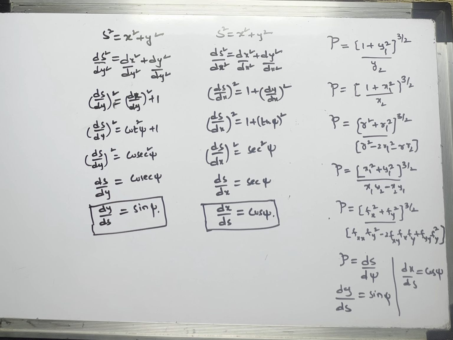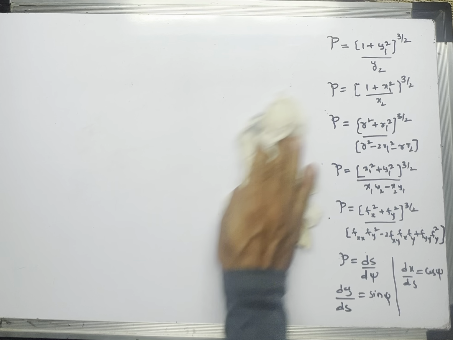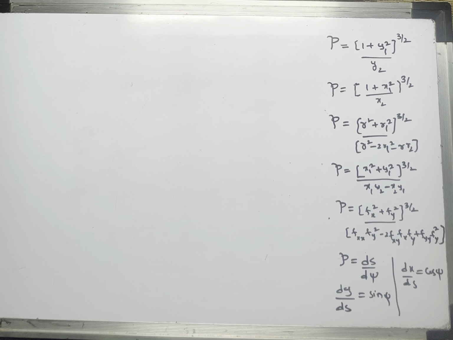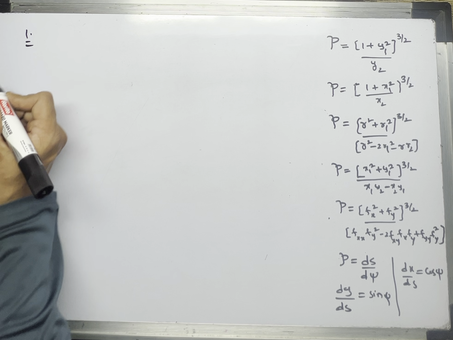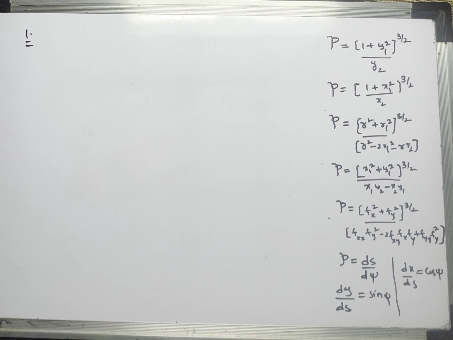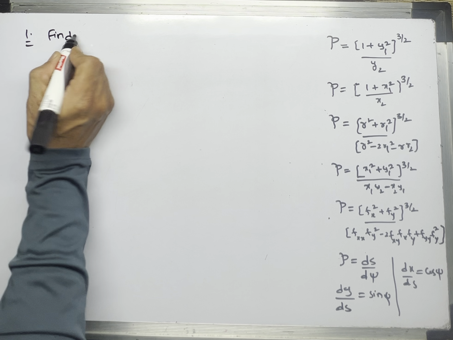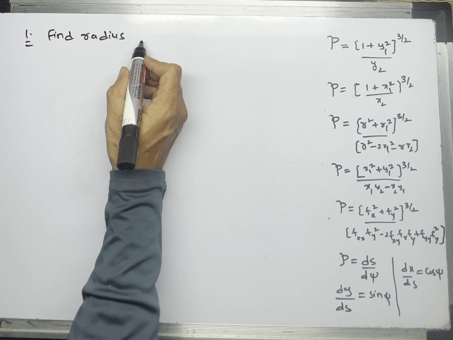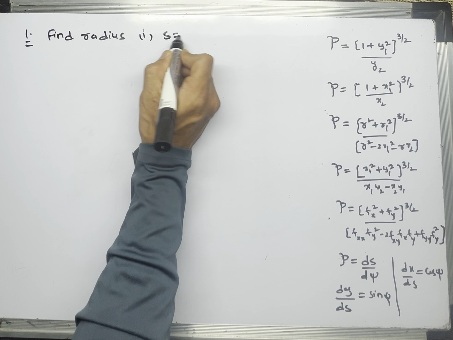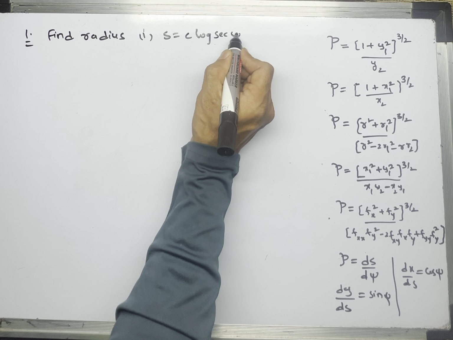Okay, now we'll discuss some problems based on those formulas of radius. Find the radius of curvature at a point on the curve. s is given to us as c log secant psi.